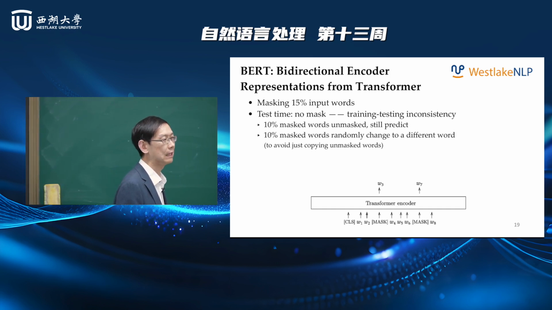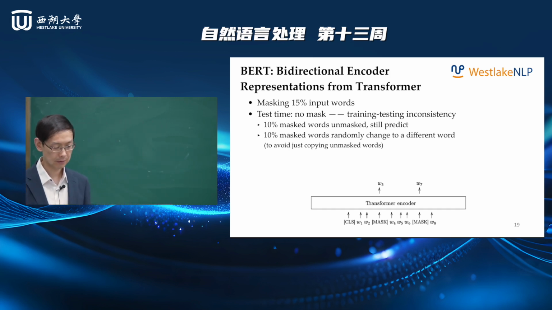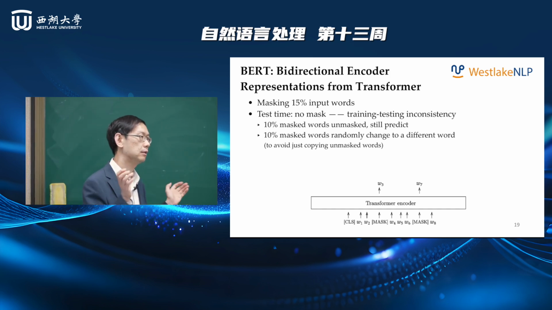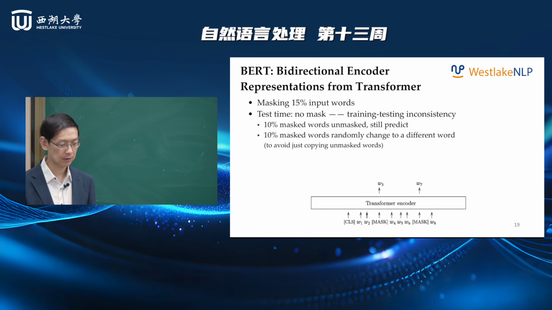So you still have to think about how to recover the original word. All right? So all in all, 15% of the words are taken to be masked. Okay, but out of these, 80% are really masked, 10% are the original word, and 10% are a randomly selected word. So this is BERT.